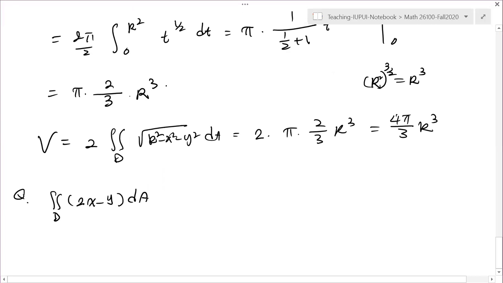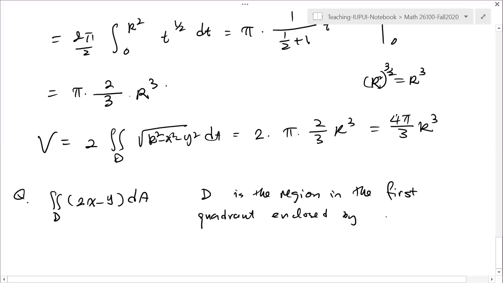Now how do we describe D? D is the region in the first quadrant enclosed by the circle with radius 2 and the line y equals x.